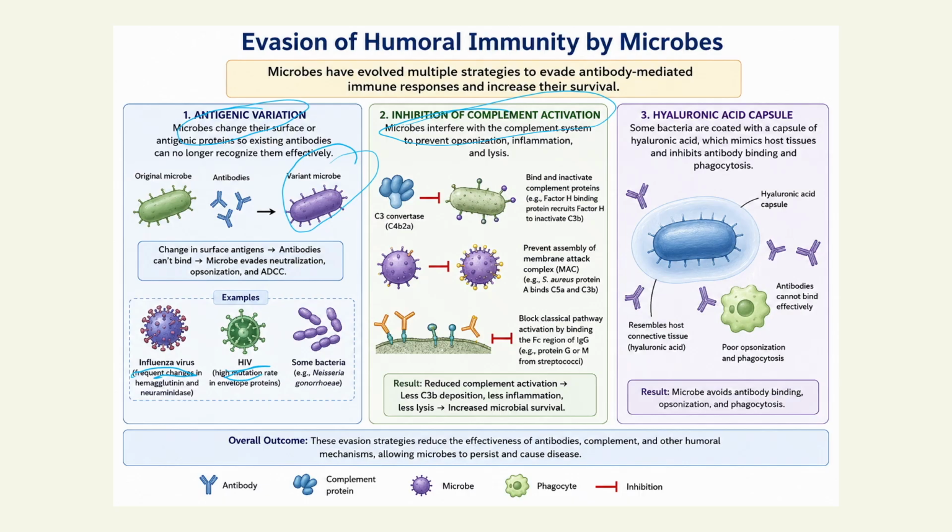This can be seen in Staphylococcus. And some bacteria, like Streptococcus, also produce a hyaluronic capsule, and this is going to help shield them from antibody-mediated immune responses. And all three of these mechanisms are going to increase the microbial survival and make immune elimination more difficult.